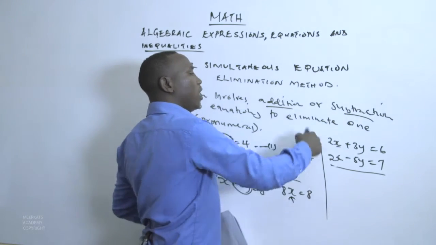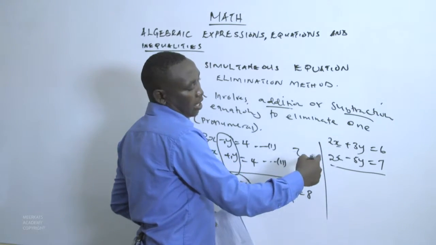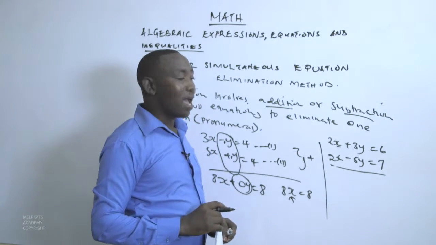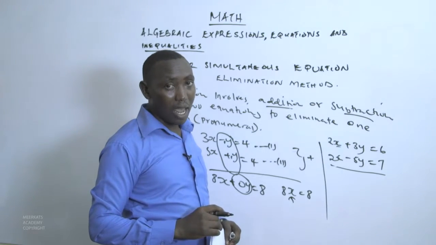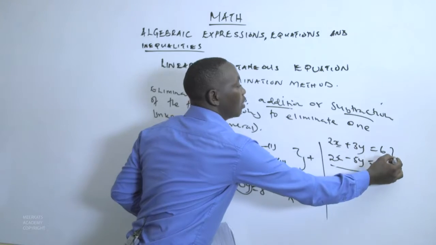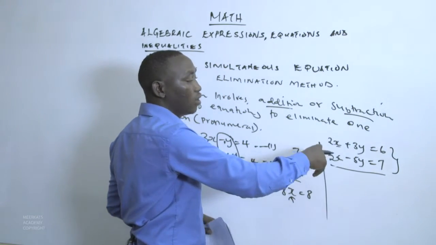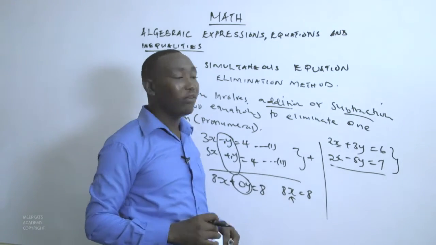Now, do we add or subtract to eliminate this part? If we add, we'll get positive 4x, and therefore we'll not have eliminated it. Therefore, we have to subtract the two equations to obtain a 0 and eliminate x.